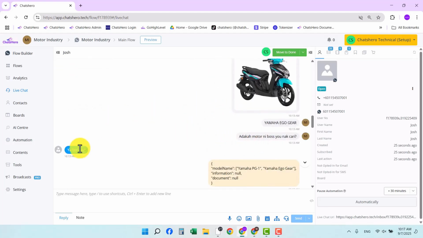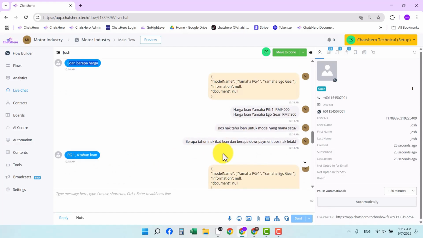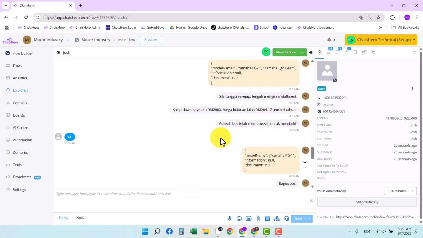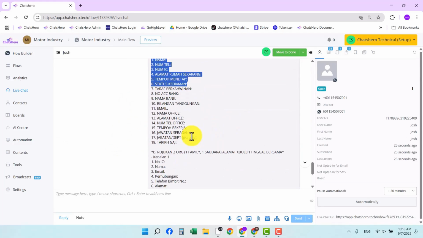Okay, and then if today the customer wants to apply for a loan, okay, price quotations, the prices of each motorcycle, all of that can be provided to the customer. And if today the customer wants to take a loan, we can also have the AI collect from the customer the loan amount they want and the number of years for the loan, and then calculate the monthly installment for them. Okay, if in the end the customer decides to make a purchase, okay, we will have the AI collect all of their personal information.